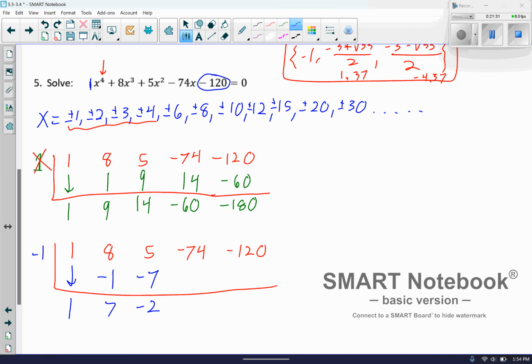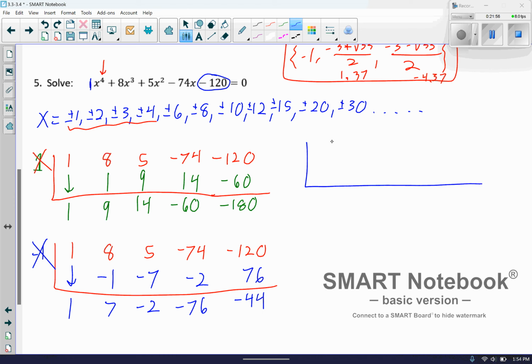Then multiply that, you get negative 2 here. That's going to add to negative 76. Multiply that there, we get positive 76. But that is not going to work. What is that? Negative 44, I believe. And so, nope, doesn't work. A little bit closer to 0, but that's not going to work. So hopefully 2 or negative 2 is going to work.